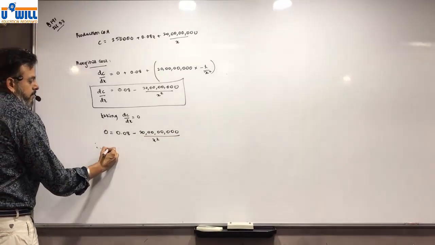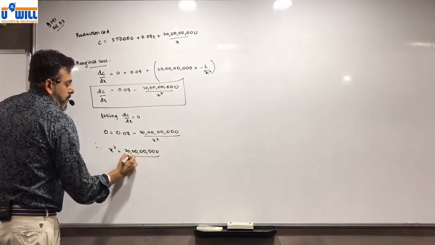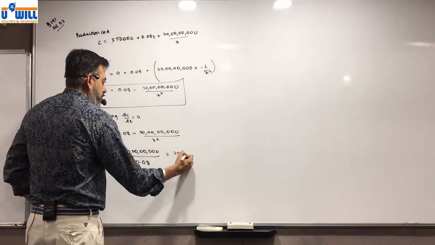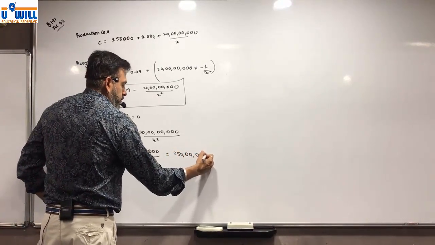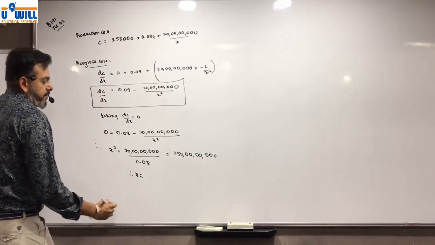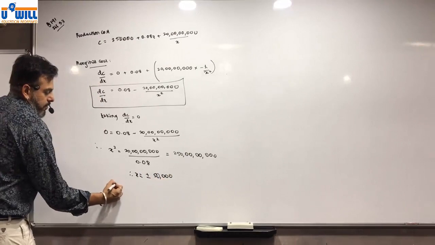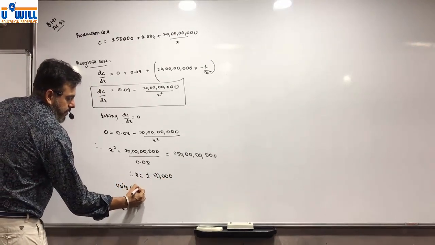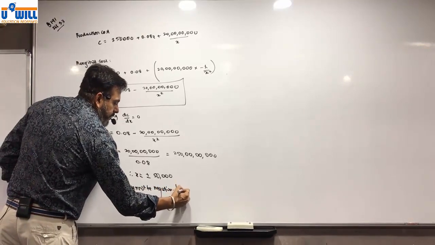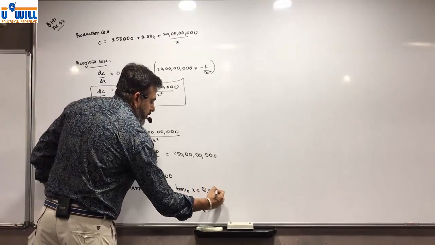Therefore, x square is equal to 20 crore by 0.08, which is equal to 250 crore. Therefore, X is equal to plus or minus 50,000. Units cannot be negative. Hence, X is equal to 50,000 units.